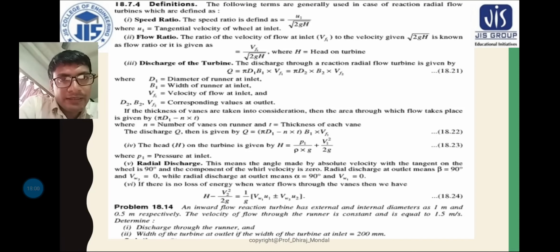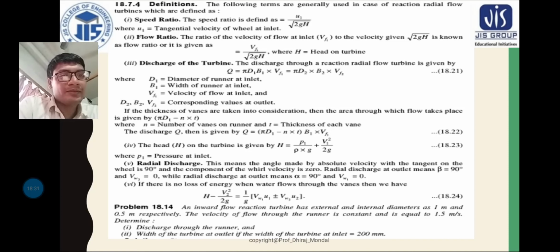If there is no loss of energy when water flows through the vane, then we have seen that H minus the velocity head, that is V2 square by 2g, the kinetic head, is equal to 1 by g (VW1 U1 plus minus VW2 U2), which is the work done.